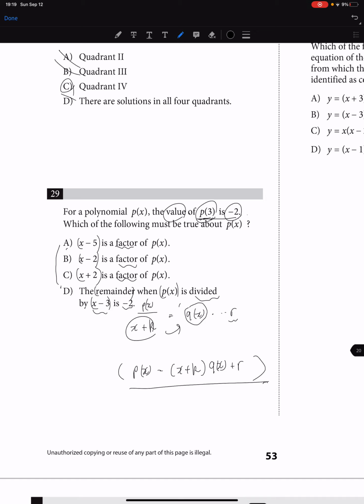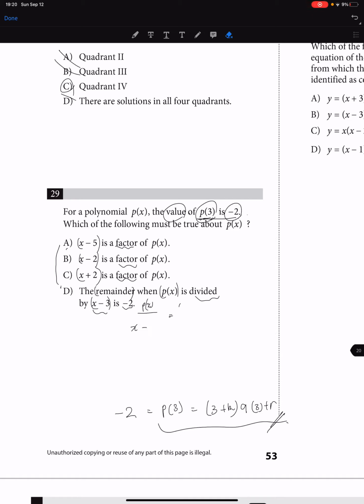So you would say, okay, -2 is equal to p(3), which is (3 plus k) q(3) plus r. Now we got this equation after all. I would recommend you to write all these equations, and I would now erase this part for further calculation. Now we got this equation, so we'll plug in all the values in it.